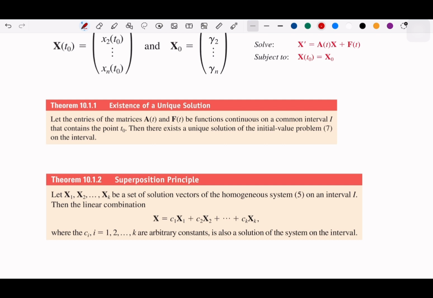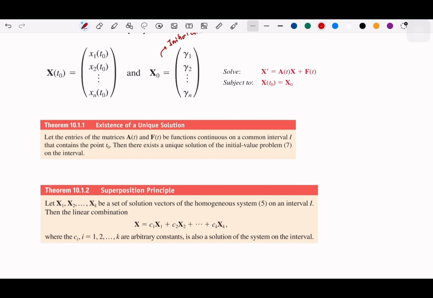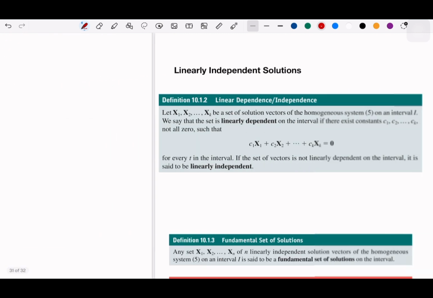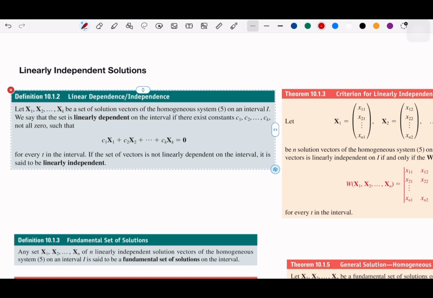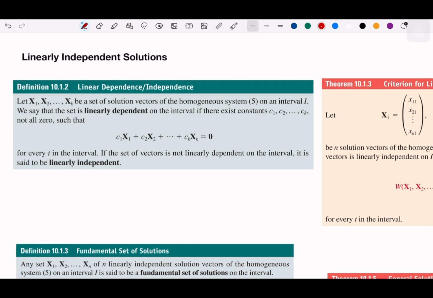And from this superposition, we can also set another theorem, which concerns linearly independent solutions. This is still very similar to the regular differential equations.